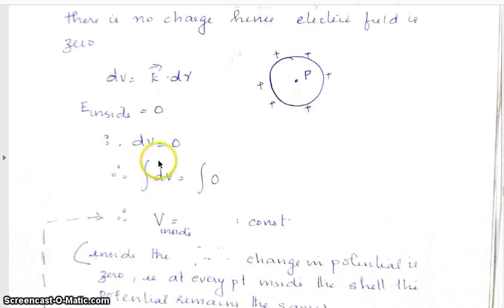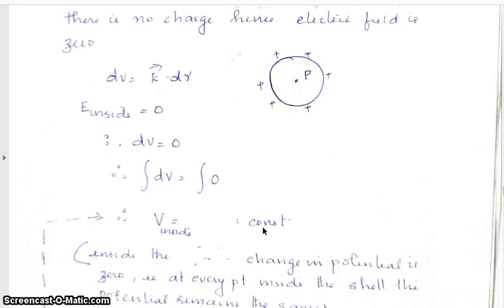So integral dV is equal to integral 0. When you integrate dV, you have to integrate 0 also. So finally you will get V inside is equal to a constant. If I differentiate this equation, what will I get? dV is equal to 0, right? So V inside is equal to a constant.